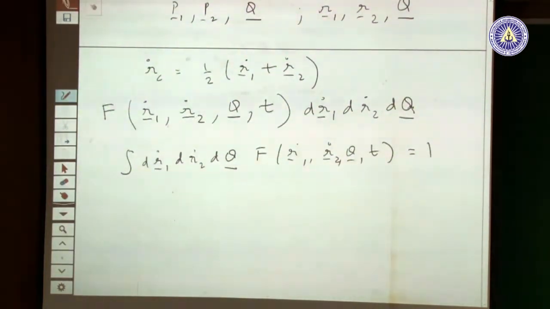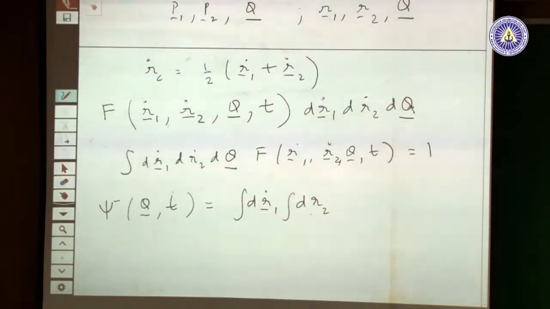Now, if I want the non-equilibrium configurational distribution function psi, in other words, psi is a function of both q and t, I say, well, just integrate out the dependence on velocities from f, and that is how I define this psi.